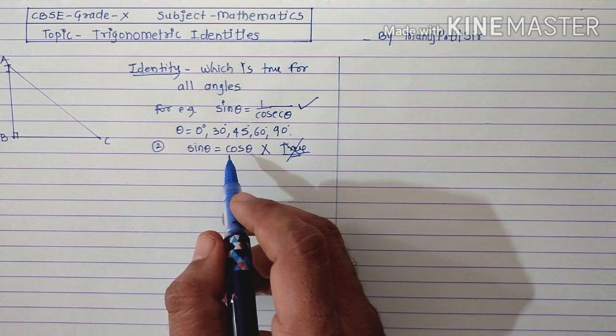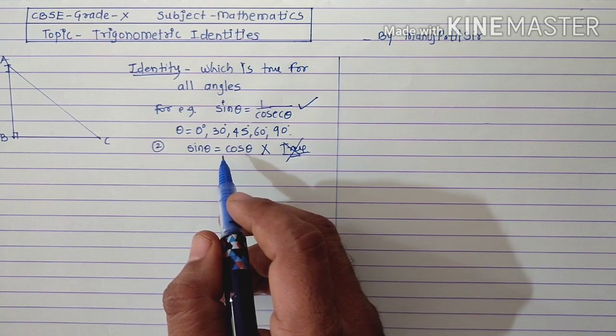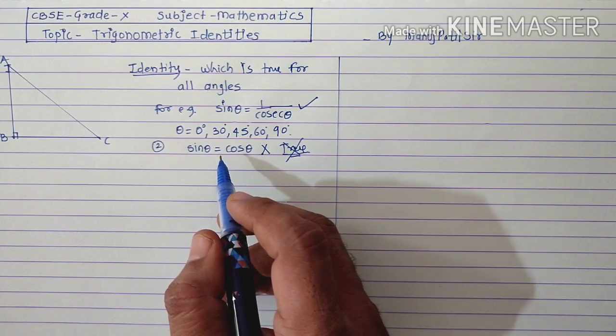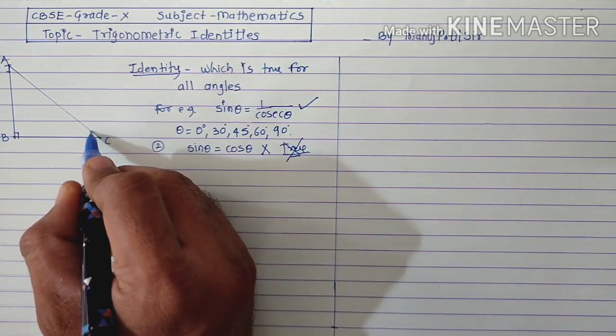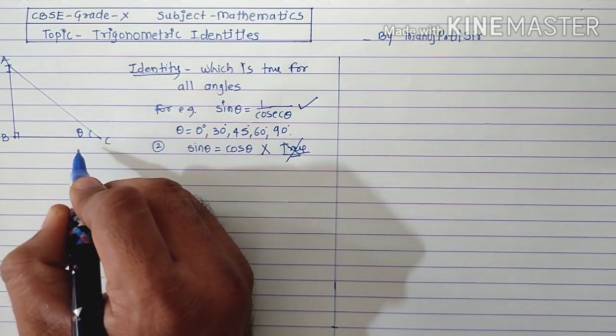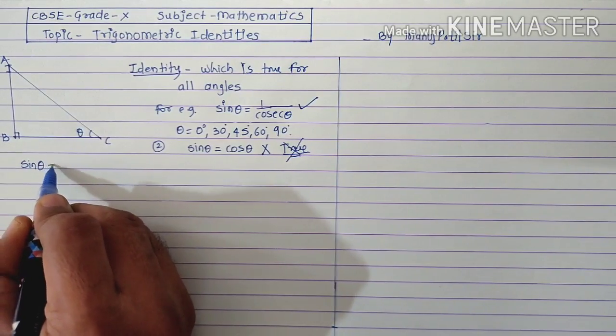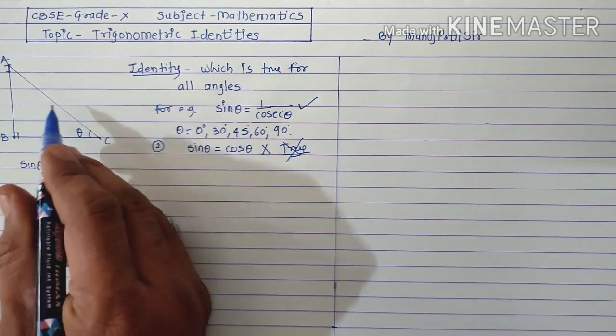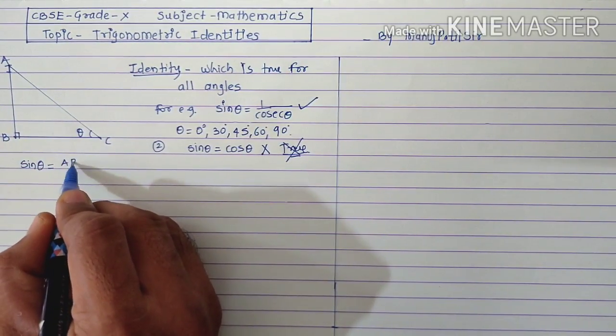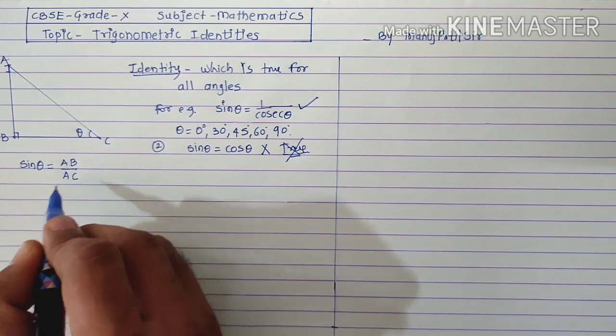Now we are going to study some special trigonometric identities, which we have to use for solving trigonometric examples. Before that we'll consider angle C is theta. Now we'll write all the ratios here. Sin theta is equal to opposite side upon hypotenuse, so it is AB upon AC.